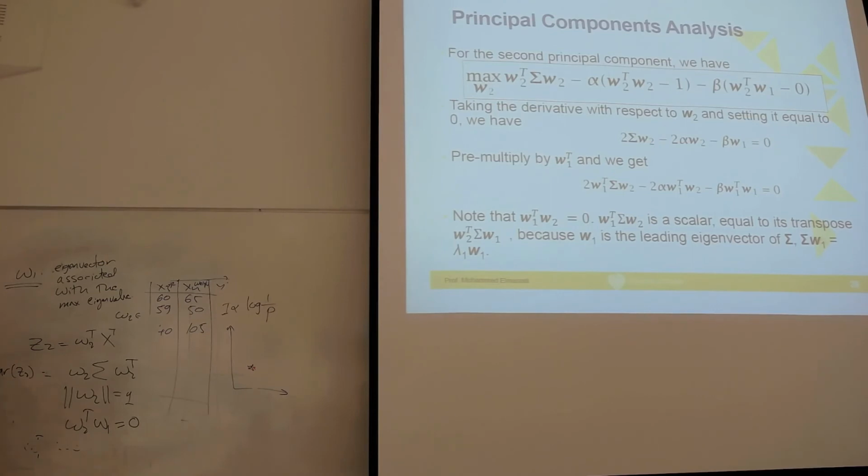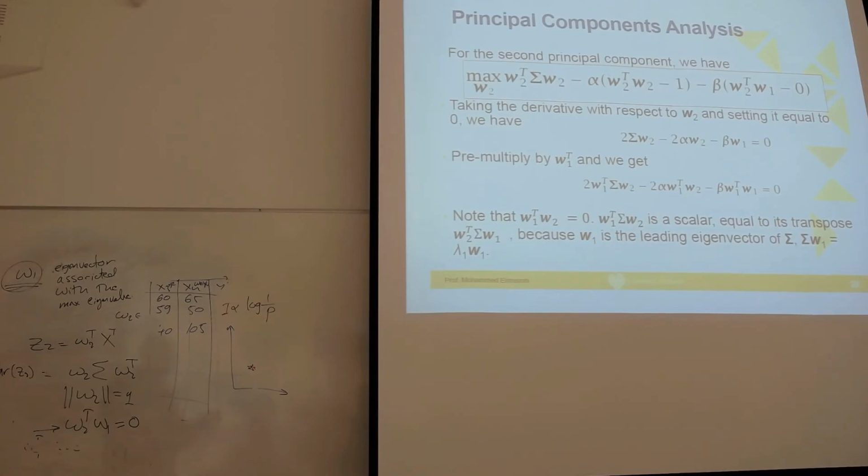All eigenvectors of the matrix are orthogonal. So by including this constraint, we guarantee that we don't get the same result as W1. So now we will have W2 again. And solving this is the same concept as we did before. We just differentiate with respect to W2.